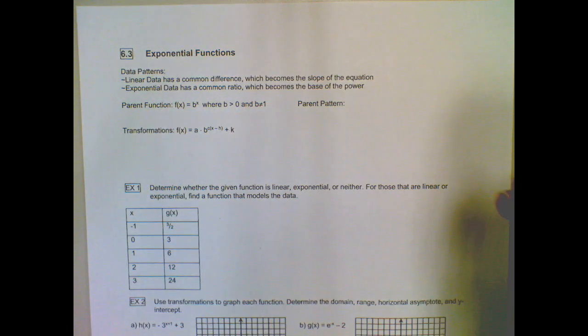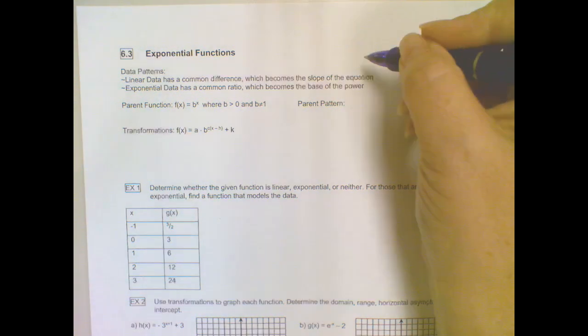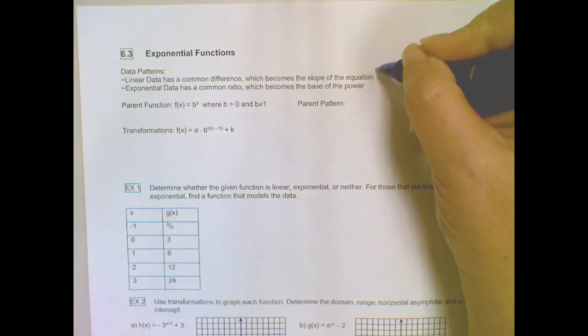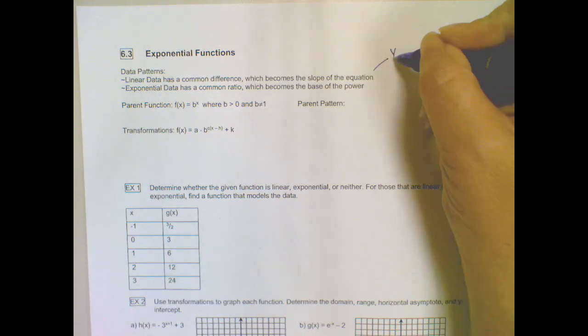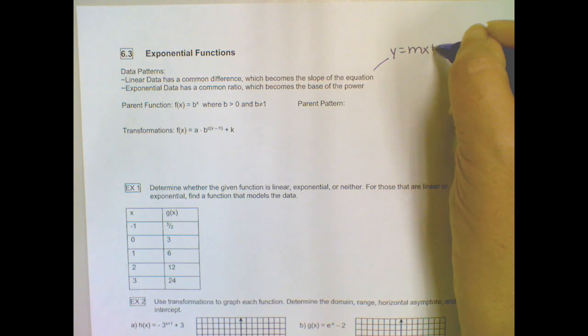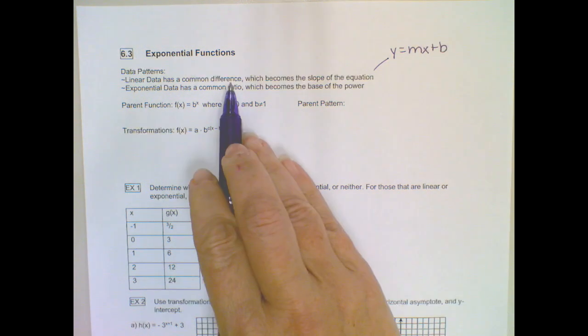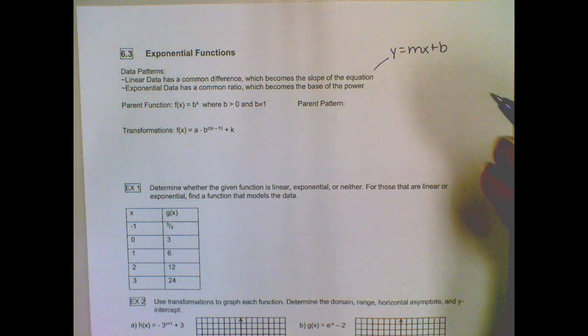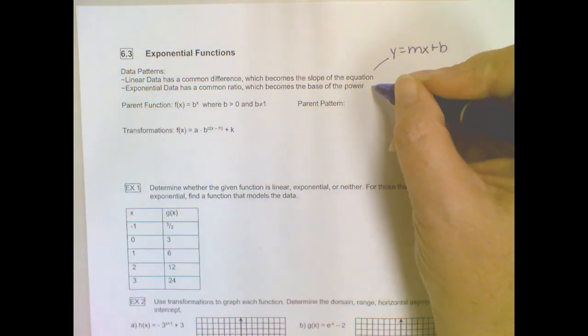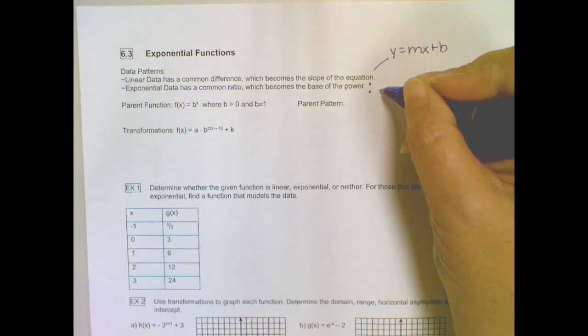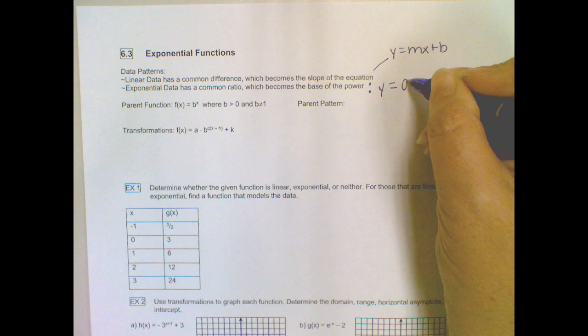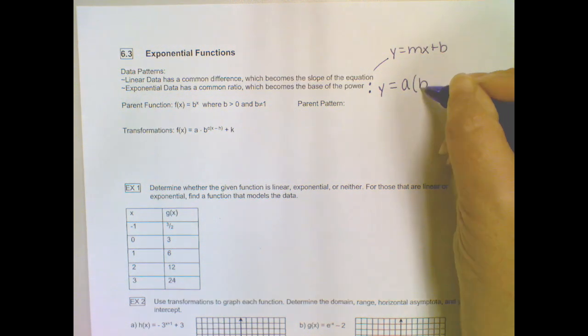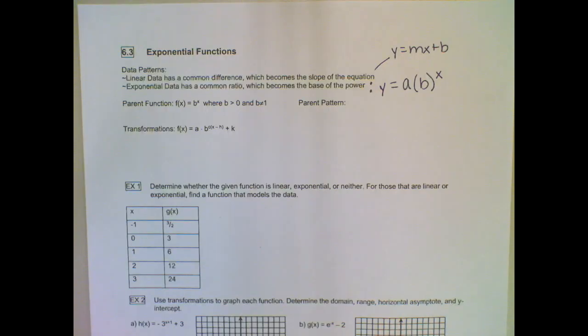So we should all know that linear data is y equals mx plus b, and so the common difference becomes the m. When we are talking about exponential data, that is in the form y equals a times b to the x, same format you used in Algebra 1.